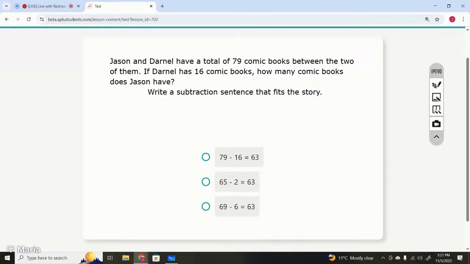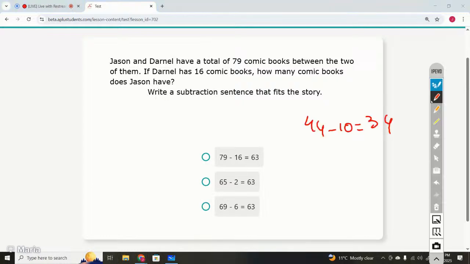Jason and Darnell have a total of 79 books between the two of them. If Darnell has 16 comic books, how many comic books does Jason have? So 79 books between the two of them. The total books are 79.